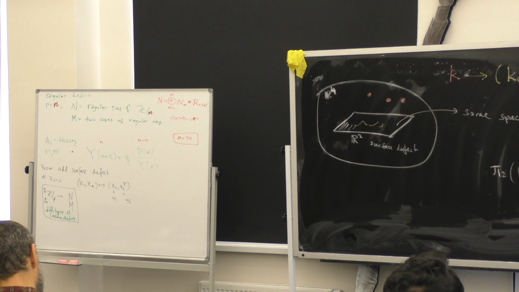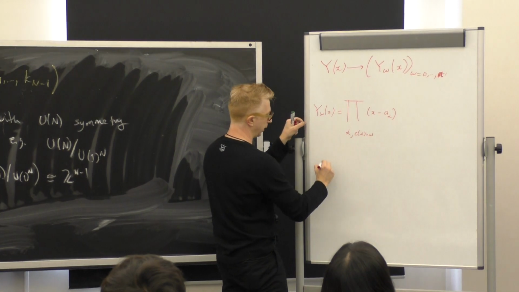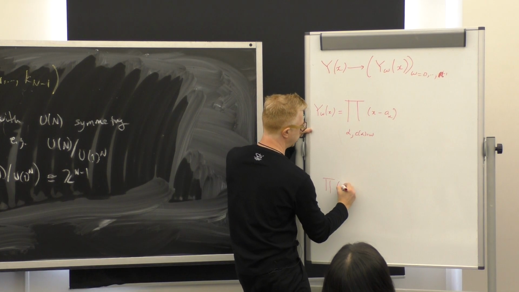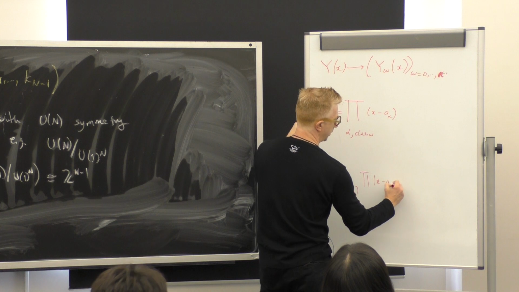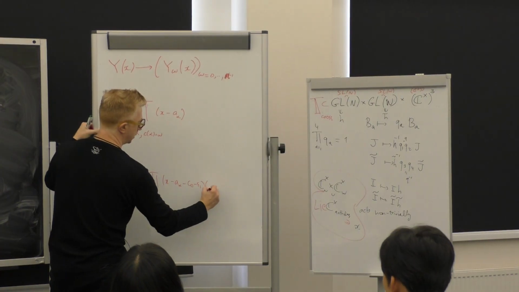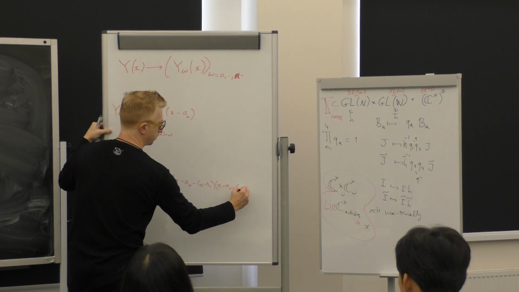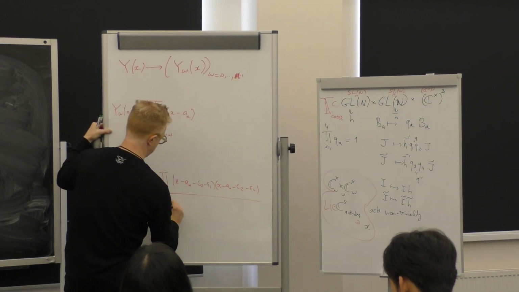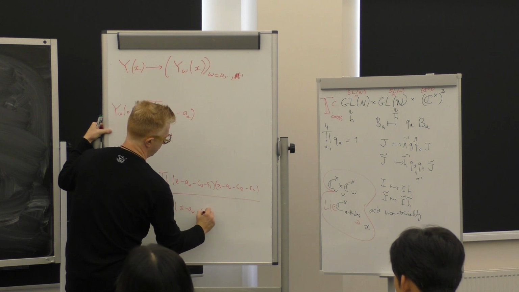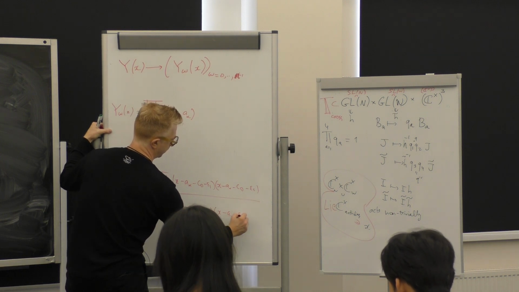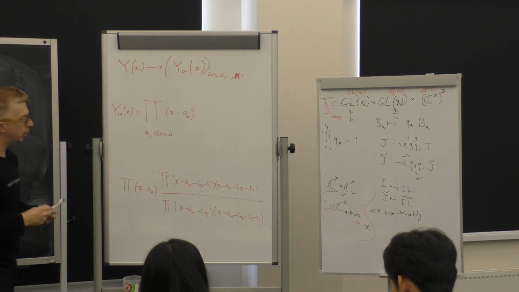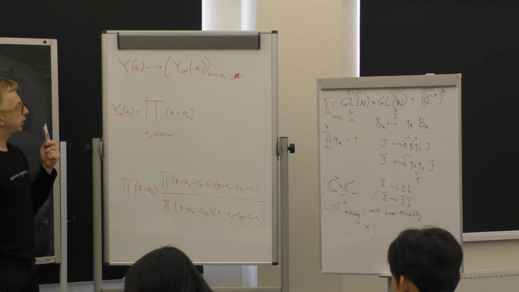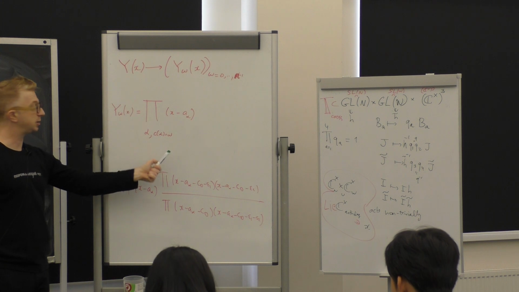Okay, so what am I doing? I'm taking the old formula for the y function, which had this product structure, with factors x minus a_alpha minus c(box) minus epsilon 2. And out of this formula, I will keep only those factors which have Z_n parity equal to omega.